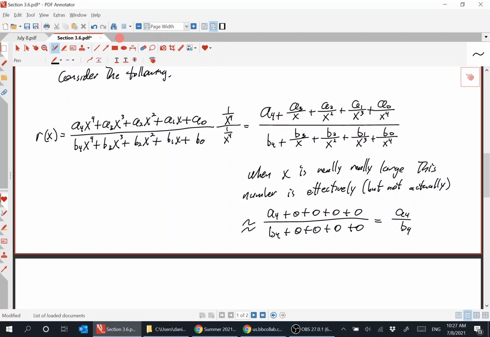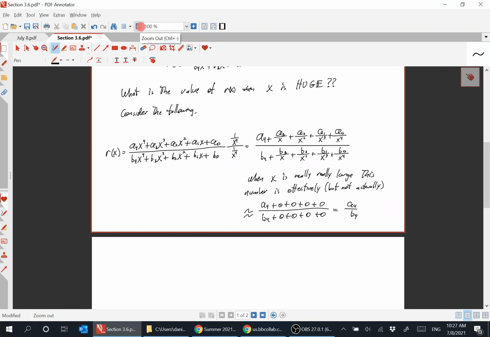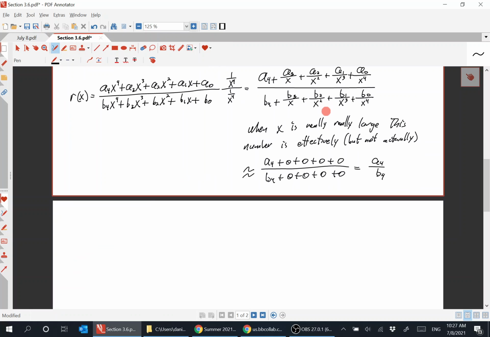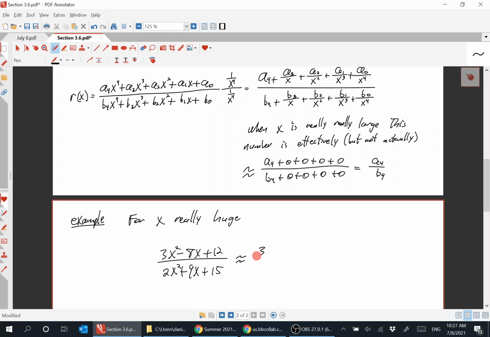So, for example, for x really huge, 3x squared minus 8x plus 12 over 2x squared plus 9x plus 15 is approximately 3 halves.